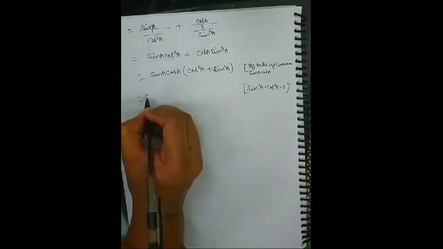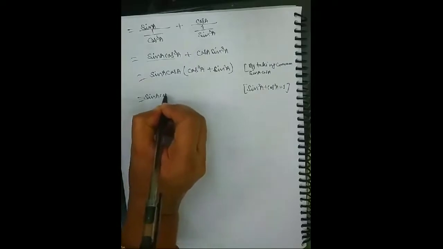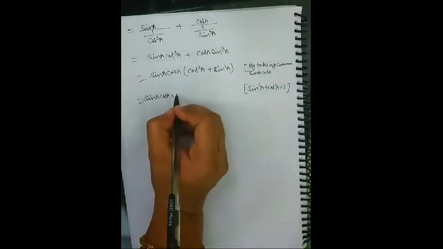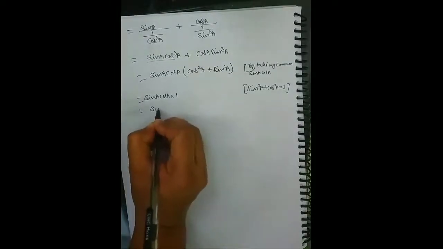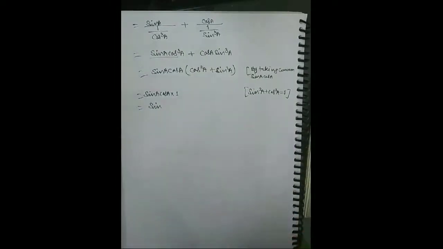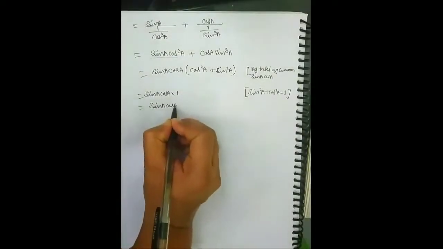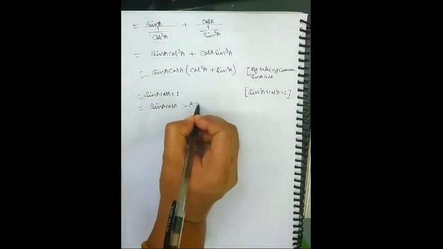So we write sin A into cos A into cos square A plus sin square A, that is 1. So we get sin A into cos A equal to RHS.